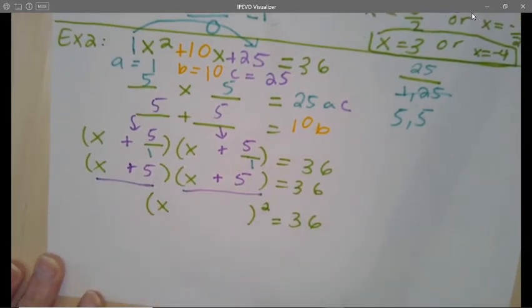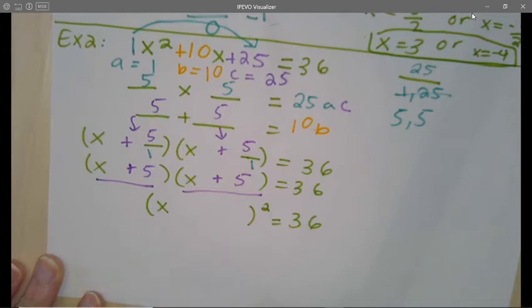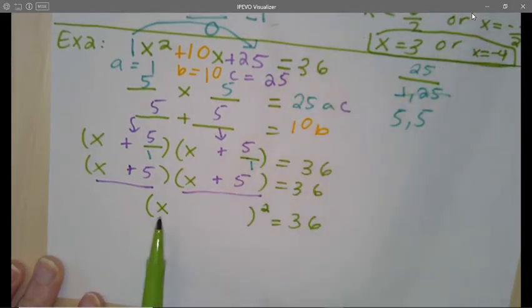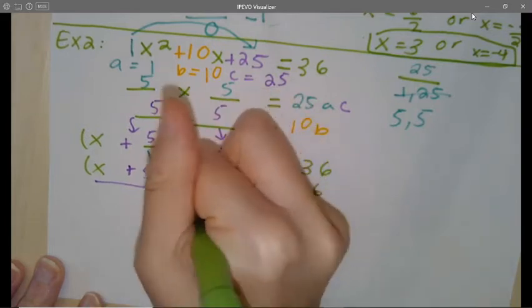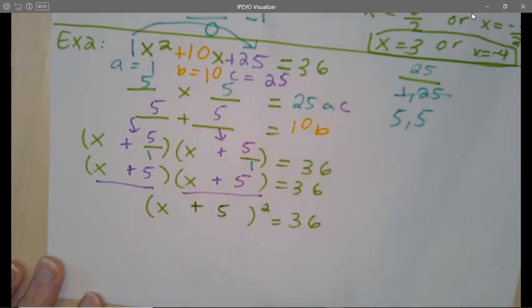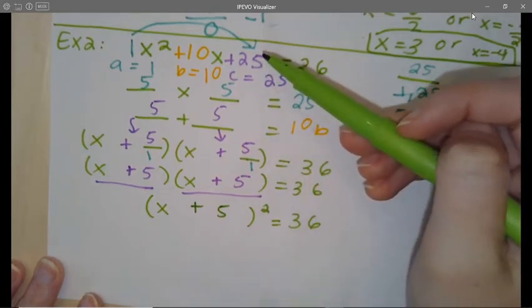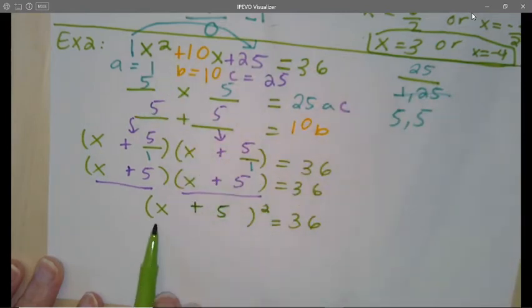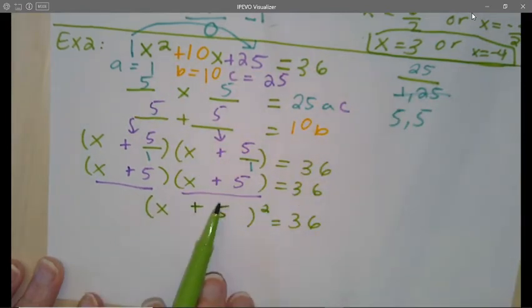I have x plus 5 times x plus 5. So since I have 2 x plus 5s, that means I can rewrite this as x plus 5 squared. I can rewrite this as a binomial squared. So if you guys see, this is a perfect square trinomial, because after we factored, we ended up with the same thing twice. So I can rewrite it as a perfect square.